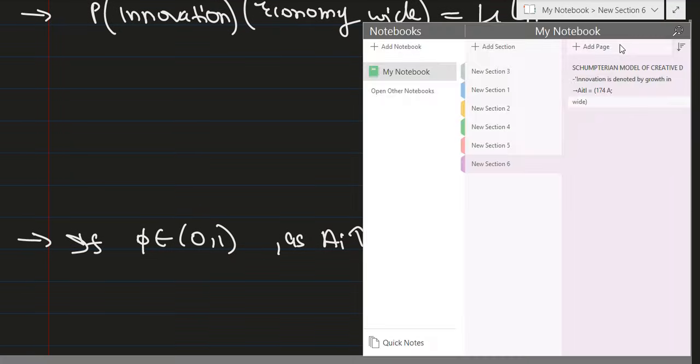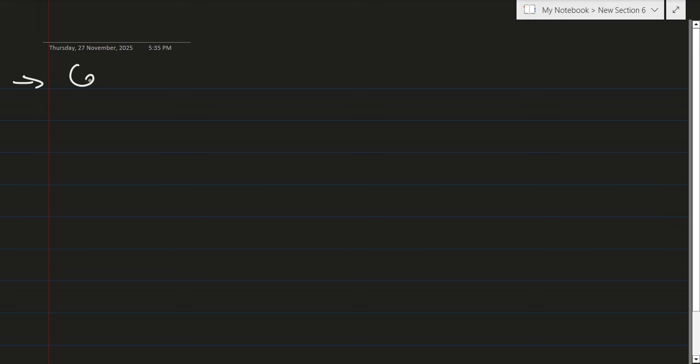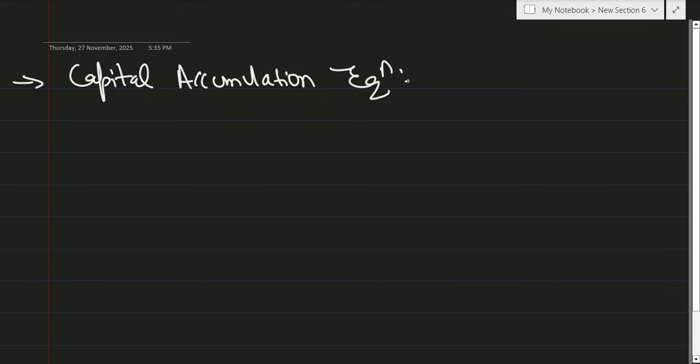Now let's move to the capital accumulation equation. That is the basic one. You must know that it is K dot equals s, the savings rate, into output, minus delta K, that is depreciation in the capital stock.